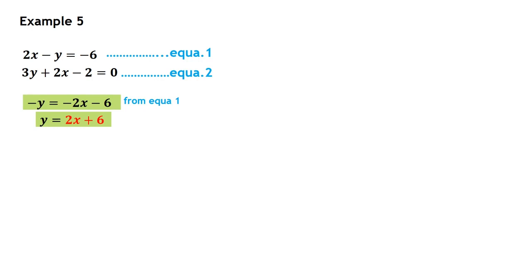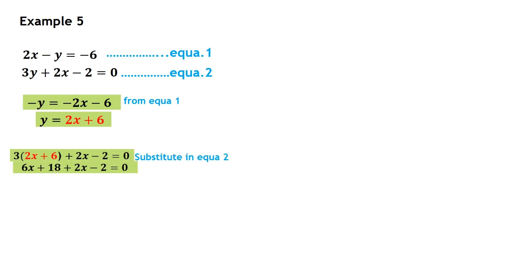So we got an expression of y is equal to 2x plus 6. We're going to substitute that expression in equation 2. And look at what happens. It was 3y, so it's 3 times 2x plus 6, and the rest of the other terms. Now solve for x. Multiply the brackets, add like terms, and solve for x. And in this case, we will easily get our x value, and x equals negative 2.